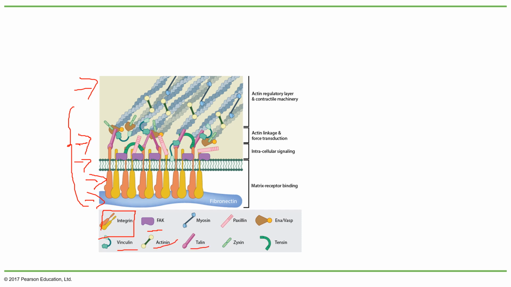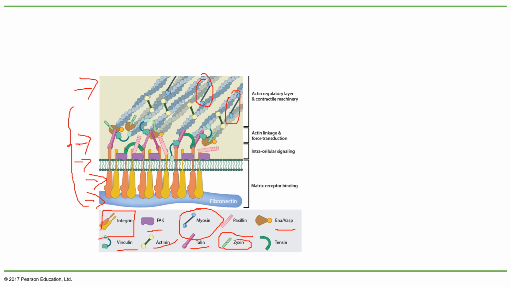You will hear about this one in the video lectures, which is involved in sensing the mechanical forces. You will hear that these are also important. We're not going to cover them in this course, but they are very important. And here you see that actin and myosin are always interacting in the movement of the cells.